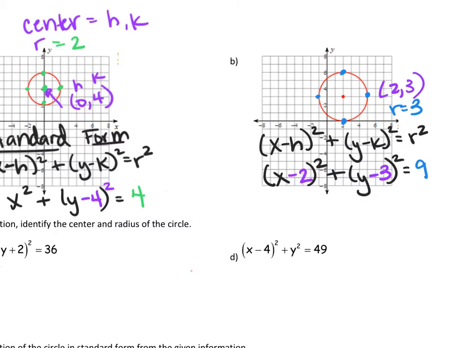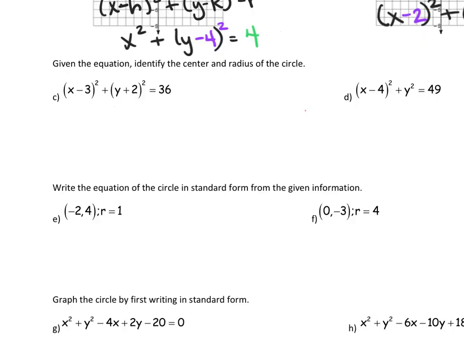But in general, to find the equation of a circle in standard form, all you have to know are the center value of the circle and the radius of the circle. If we can graph the circle, then we should also be able to find the center and the radius from an equation.